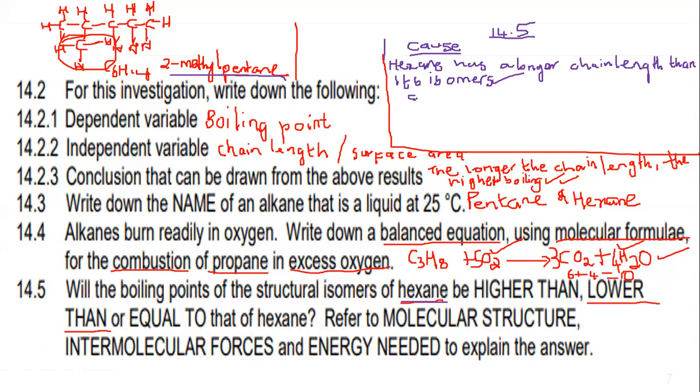Then the second heading you will remember, we talk about the strength of intermolecular forces. And I told you that you are not going to write IMF, you will write in full intermolecular forces. I just don't have enough space here. Because we've already established that hexane will have a higher boiling point because it has a larger surface area, it means its intermolecular forces are strong compared to that of the isomer. Or those of the isomer are weaker because the chain length is smaller, so the intermolecular forces will be less, and that is why the boiling point will be lower.